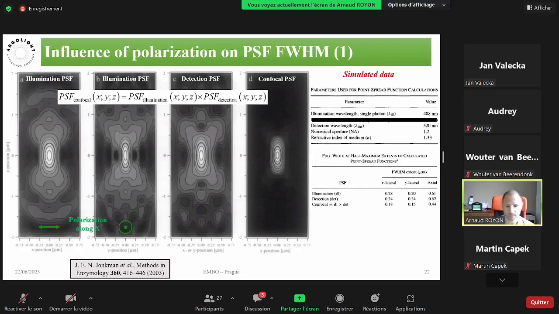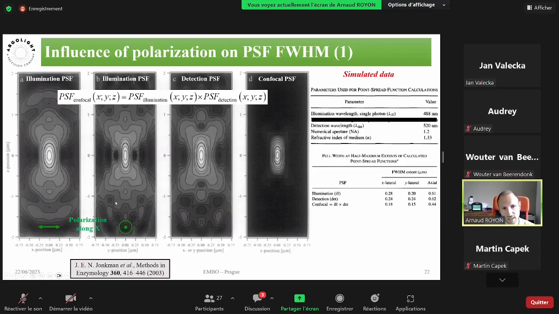Okay, so let's have a deeper look at each of these parameters. Let's start with the polarization. In this publication from Jonkman and co-authors, they simulated the PSF of a confocal microscope. As a reminder, the PSF of a confocal microscope is the product of the illumination PSF with the detection PSF. Here you can see the orientation of the polarization, which was along X. The first picture here is the illumination PSF along XZ.